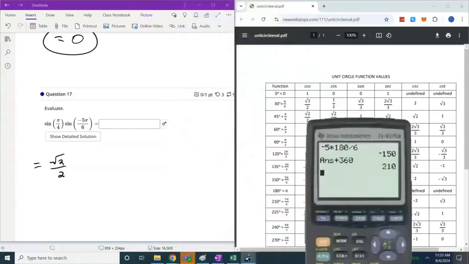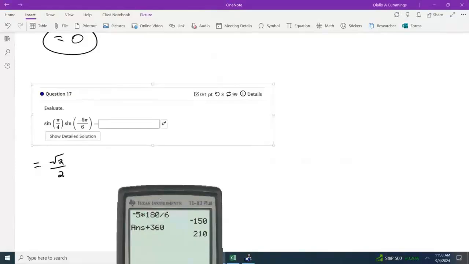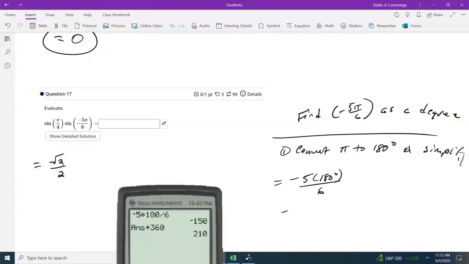So that means that, and let me just write some steps. Find negative 5 pi over 6 as a degree. I convert pi to 180 degrees, and I simplify. So that's negative 5 times 180 divided by 6, and that gave us negative 150.